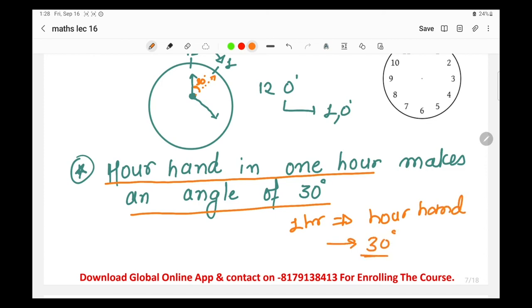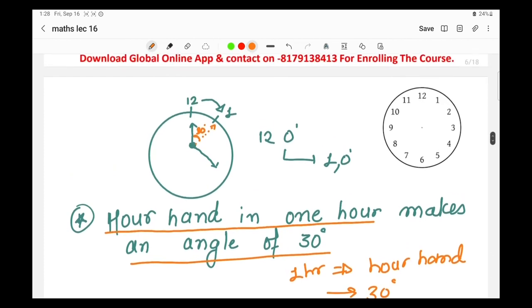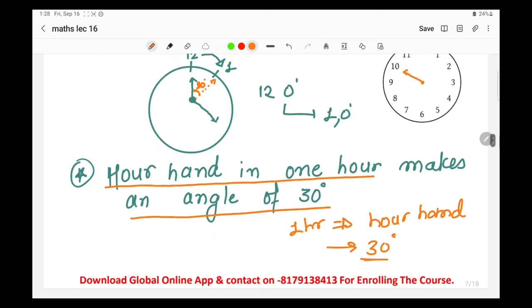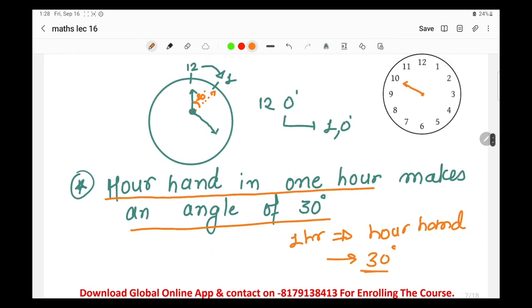This is a very important fact that we have to use in MCQs. Here again, if I ask you the question that the time right now is 10 o'clock, at 12 o'clock, how many degrees has the hour hand crossed from 10 o'clock?